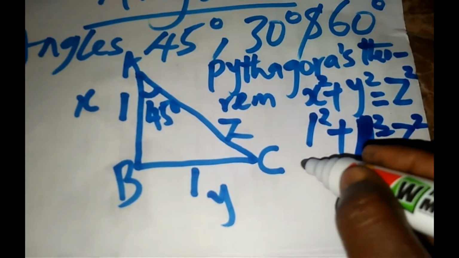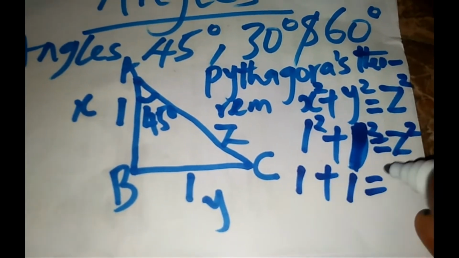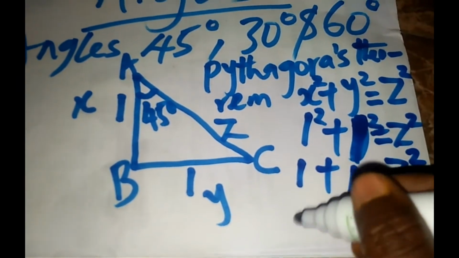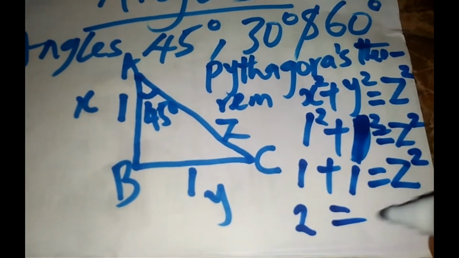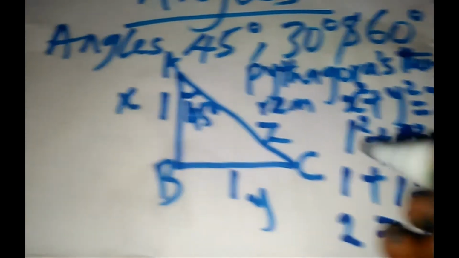1 squared is 1 plus another 1 squared, 1, to give us z squared. 1 plus 1 is equal to 2. 2 is equal to z squared, but we are not looking for z squared, we are looking for z.